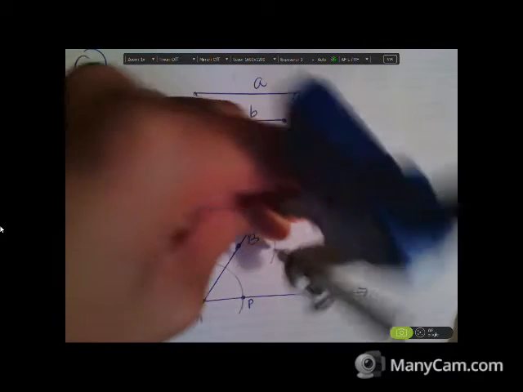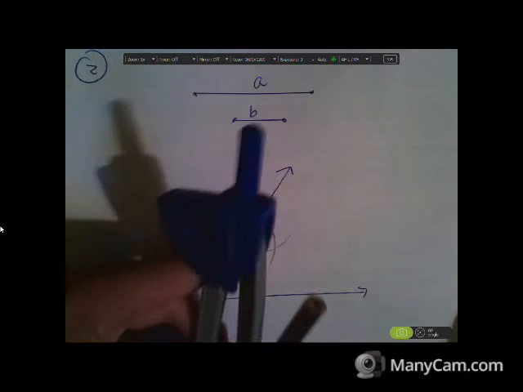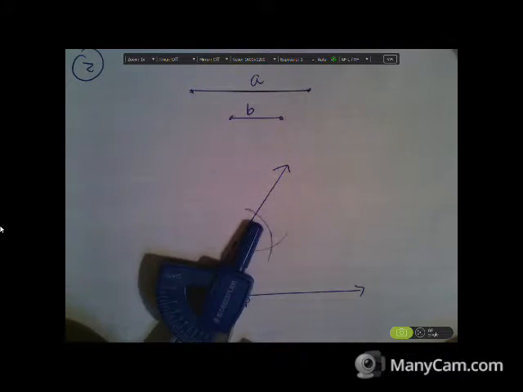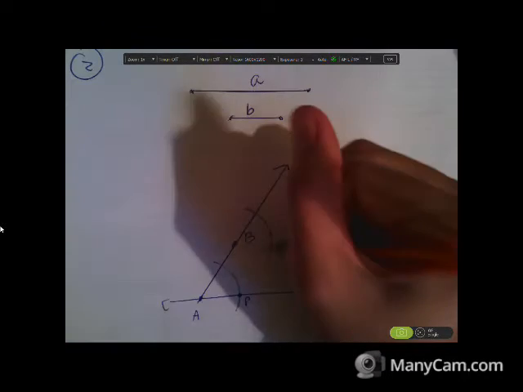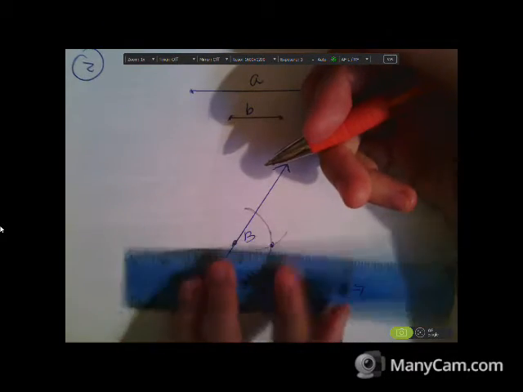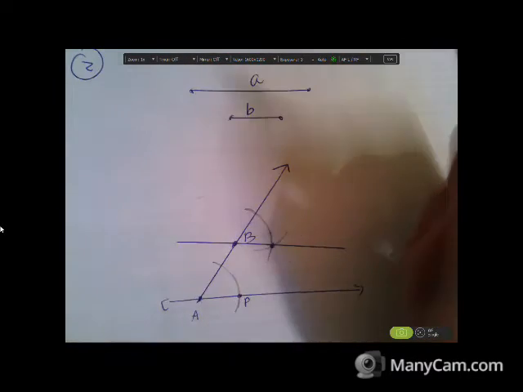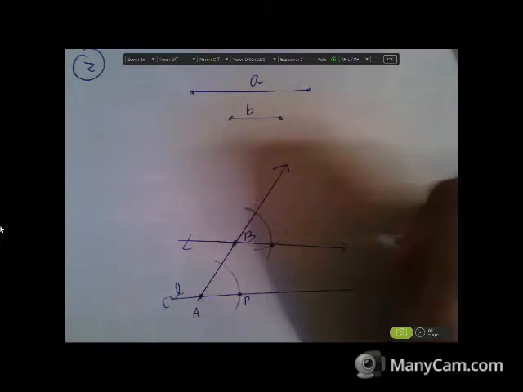I'm going to do it again from this point. I did it from this point up here. So now I can construct this parallel line. Alright, this should look parallel.